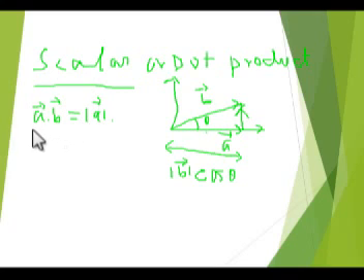A dot product always has magnitude, no direction, because we are multiplying only magnitudes and cos theta. So the scalar product has no direction.